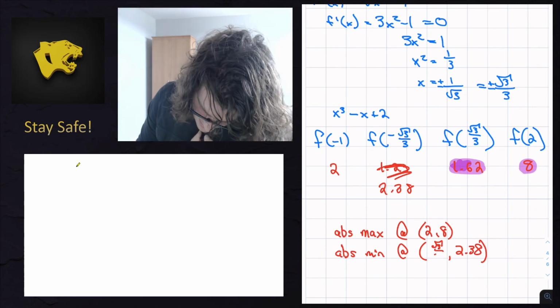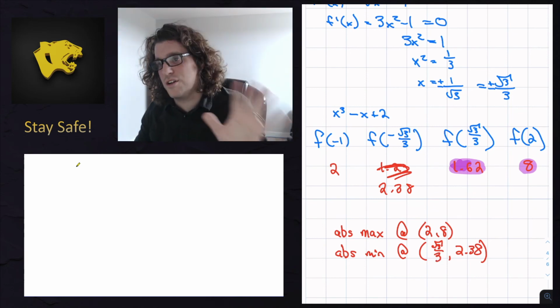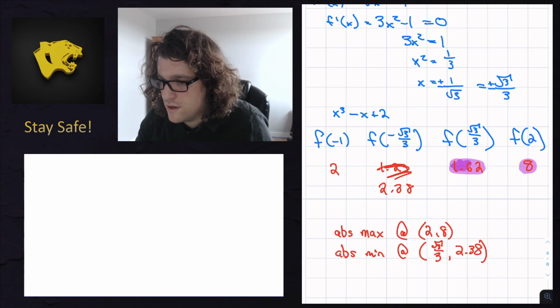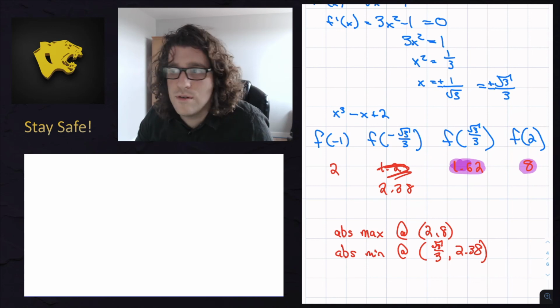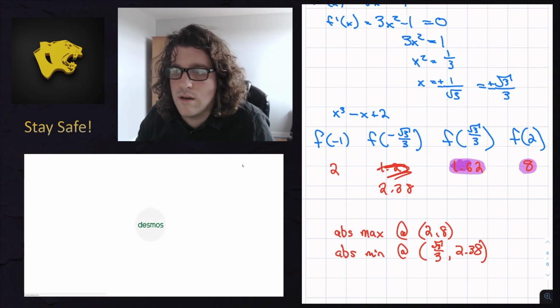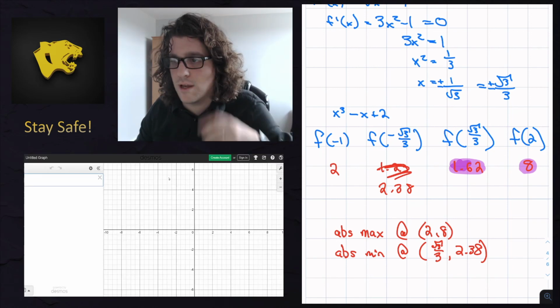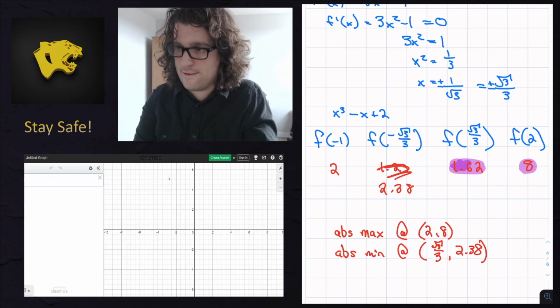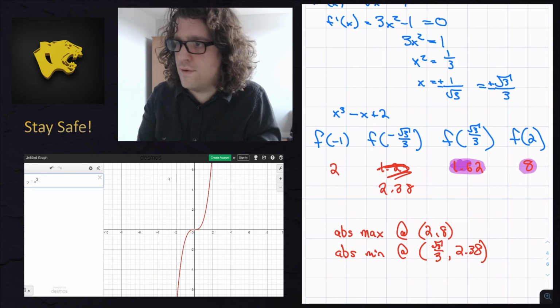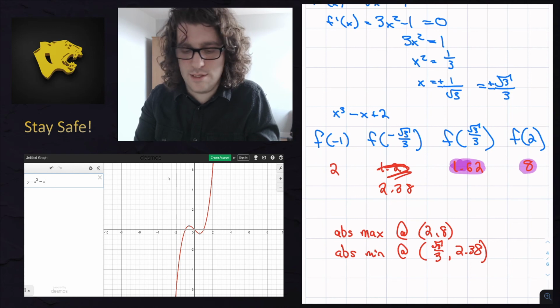And so I'm going to take just a little bit of a look, as a closing thing before I leave you, at a graph of what this would look like. Except I don't have my graph stuff ready to rock. That's okay. I'm going to do it over here. We'll get y is equal to x cubed minus x plus 2.